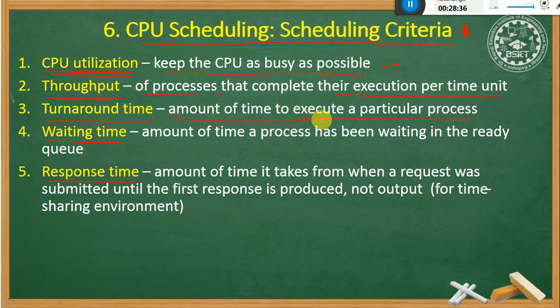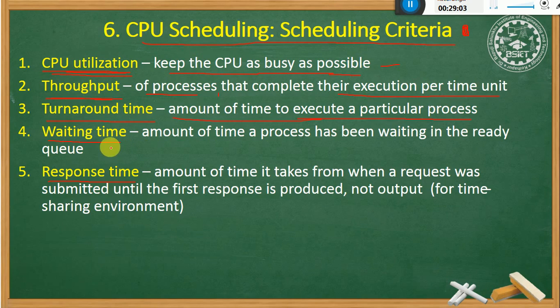Turnaround time is nothing but the addition of time spent by the process in the ready queue plus execution time. Or simply, turnaround time is the amount of time taken to execute a particular process. So it is the time of the CPU which executes the process completely.